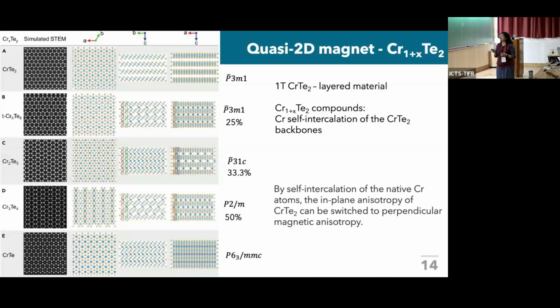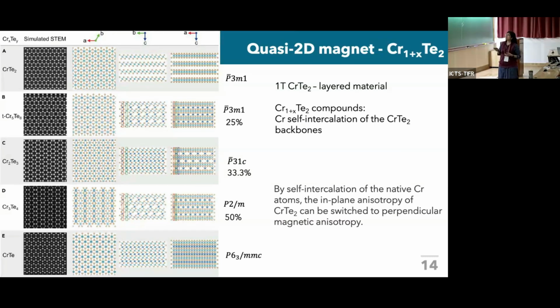This is called chromium self-intercalation, and based on the concentration of the chromium atoms in the intercalated position, you can have Cr5Te8, Cr2Te3, Cr3Te4, CrTe. So these are different stable compounds of chromium telluride.